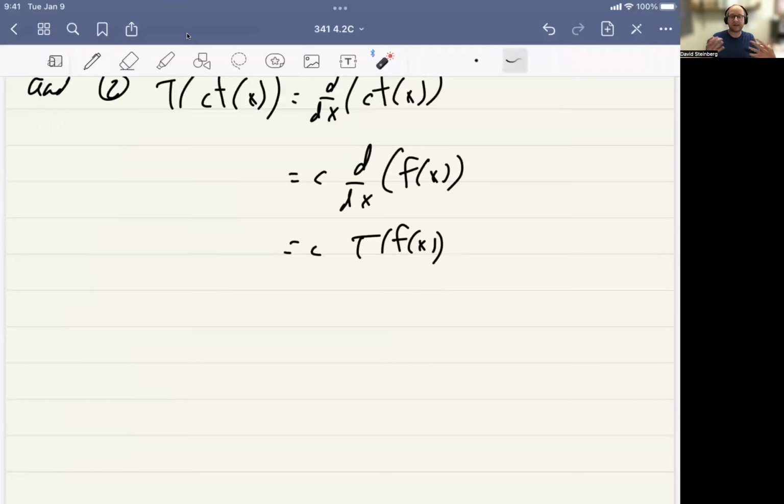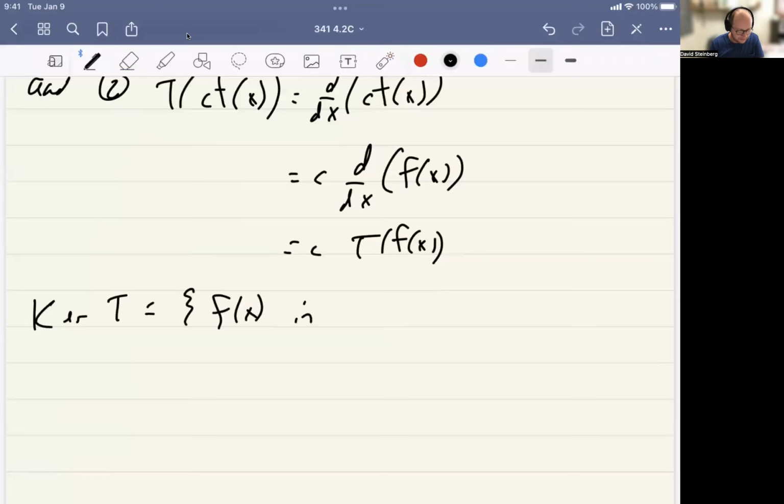We can talk about, well, what's the kernel of this transformation? What's the range? Okay, so the kernel of T should be the collection of functions f of x in this new vector space, C1[a,b], with the property that T of f is equal to 0. But we know T of f is just the derivative.